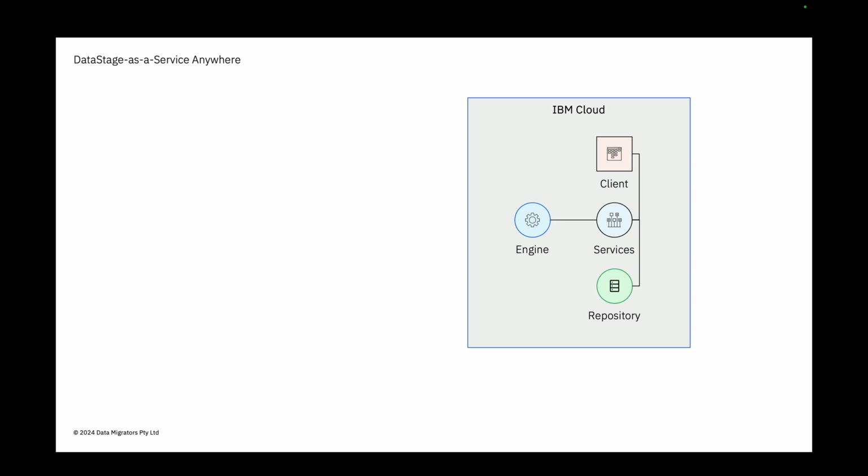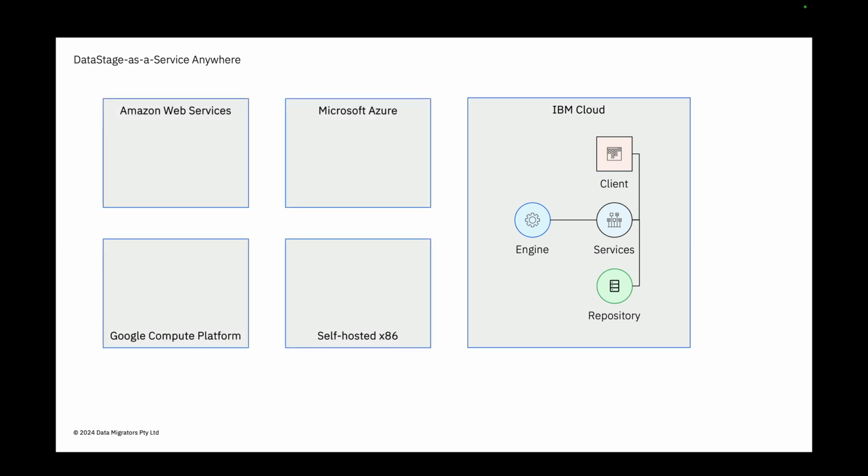So of course, your data is very possibly on another cloud service like AWS or Microsoft Azure or GCP that we'll look at today, or even on your own self-hosted data center based on x86 technology.